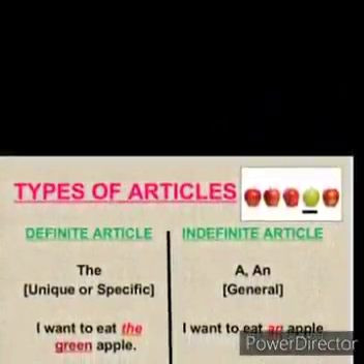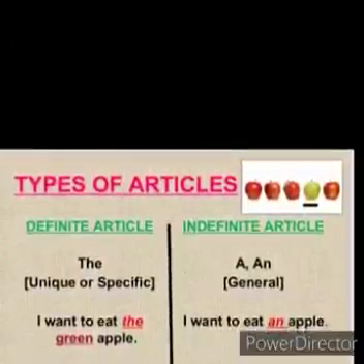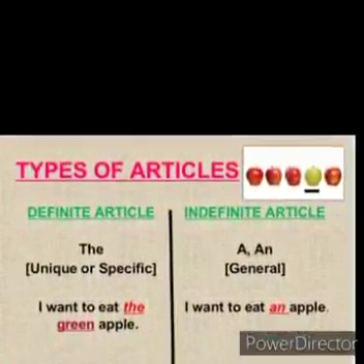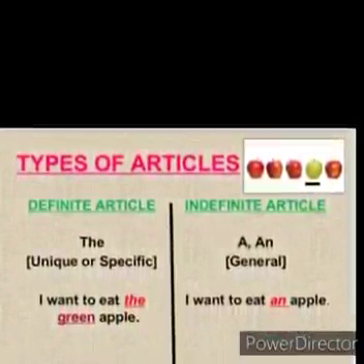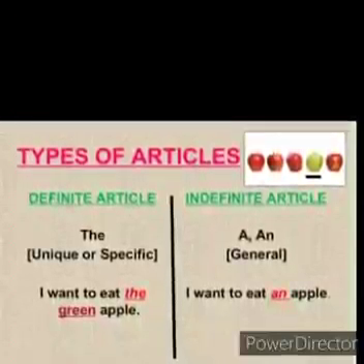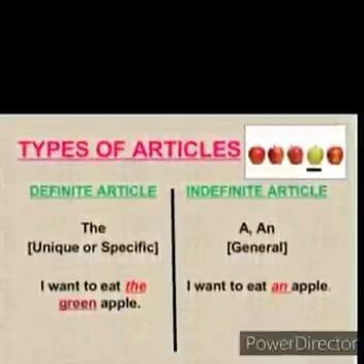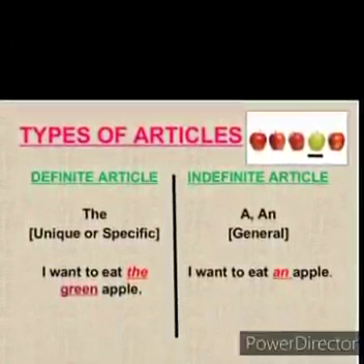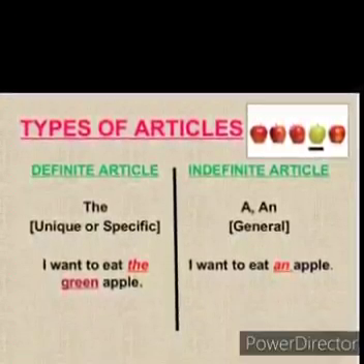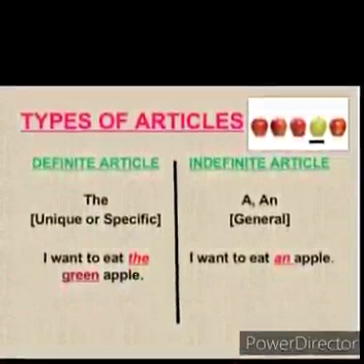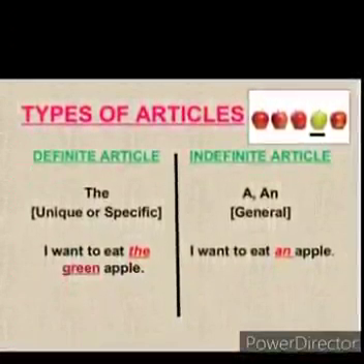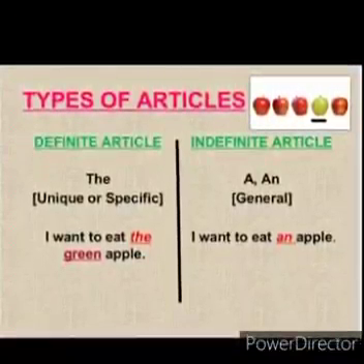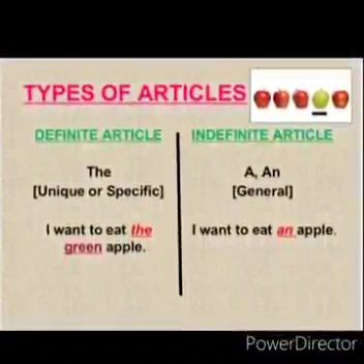Now, if you want to eat a specific apple, that means a particular apple from the apples in front of you, then what will you say? You will say, I want to eat the green apple. Now, you can see how we used article the for pointing out the specific apple, and how we used article an for pointing out the general apple.